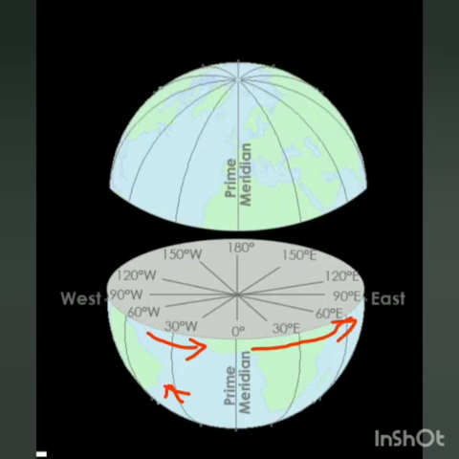As South America lies on the west side, we say it exists from 35 degrees west to 81 degrees west longitude. Longitude is an imaginary line which runs from north to south. We can see here 60 degrees passing in between. 60 degrees west longitude divides the continent into roughly two halves.